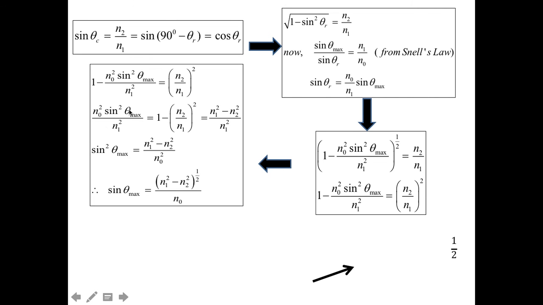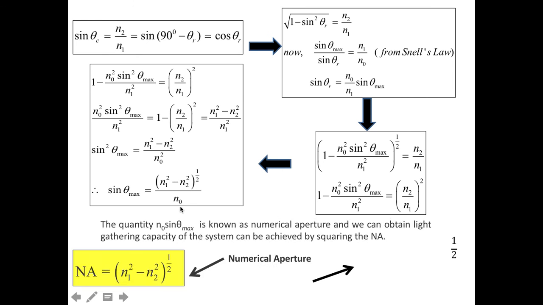If we simplify this equation, n0 square sin square theta max upon n1 square is equal to 1 minus n2 upon n1 whole square, which is equal to n1 square minus n2 square upon n1 square. So sin square theta max is equal to n1 square minus n2 square upon n0 square. So sin theta max is equal to n1 square minus n2 square raised to 1 half upon n0.